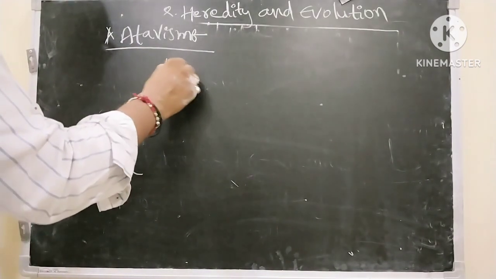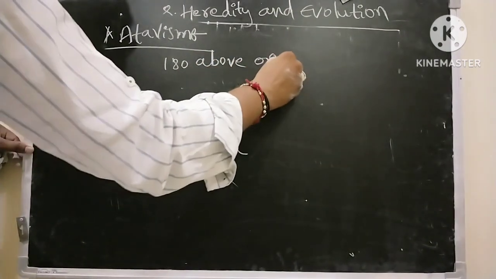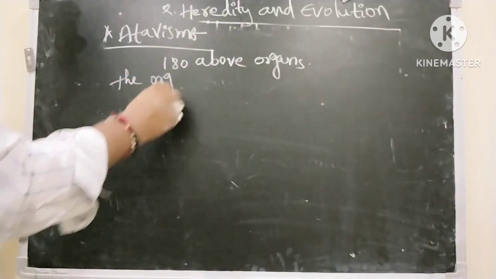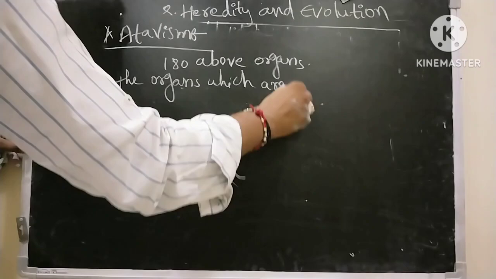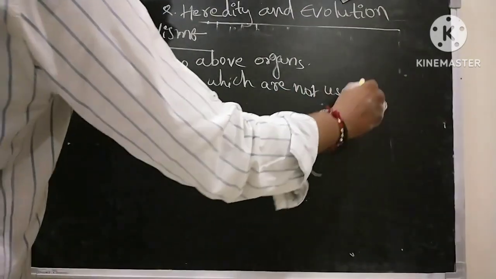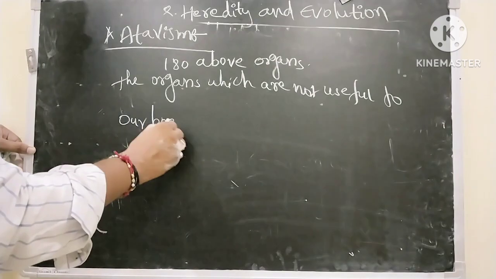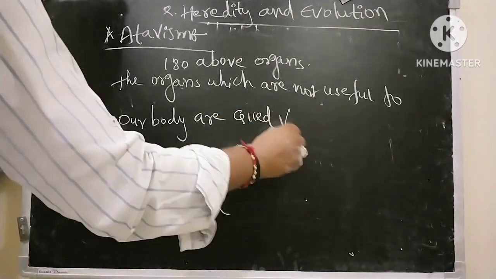Nearly 180 or more such organs are there. The organs which are not useful to our body are called vestigial organs.